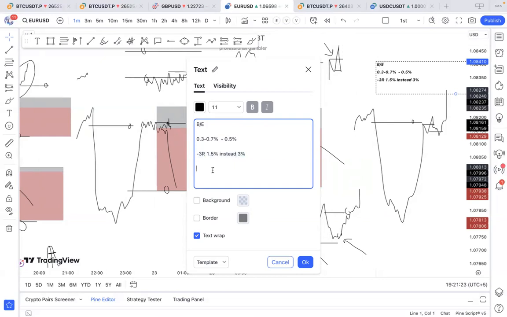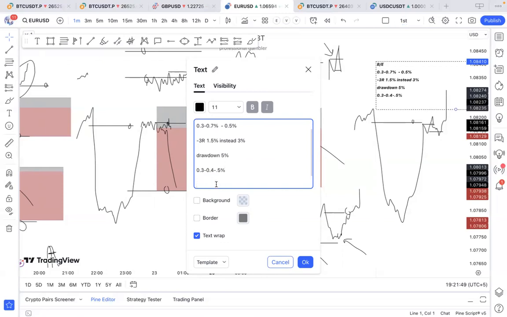The second is if I'm in a drawdown. Let's just say I'm trading a funded account, because funded accounts have like a 10% drawdown, right? Let's just say I'm in a drawdown of 5%. What I would do is even lower the risk to like 0.4 to 0.5 percentage, and then I'll try to take more trades.